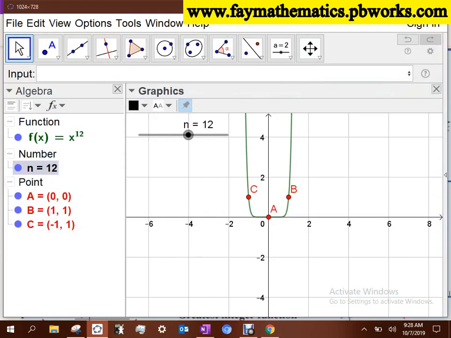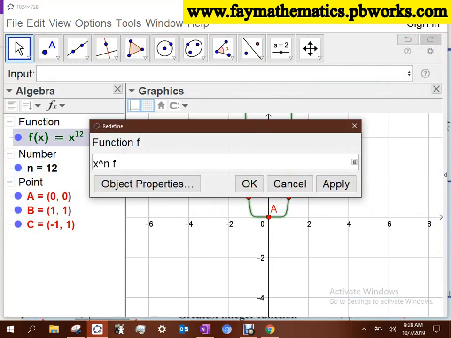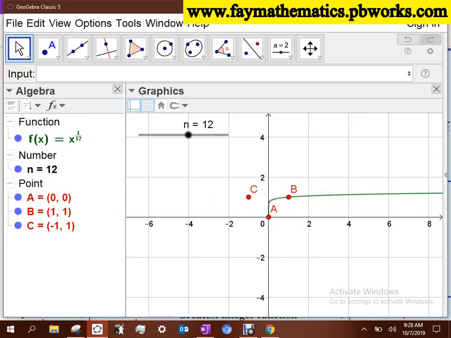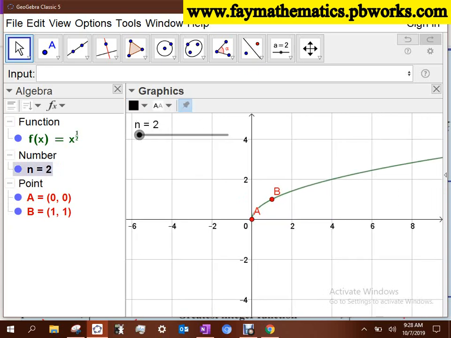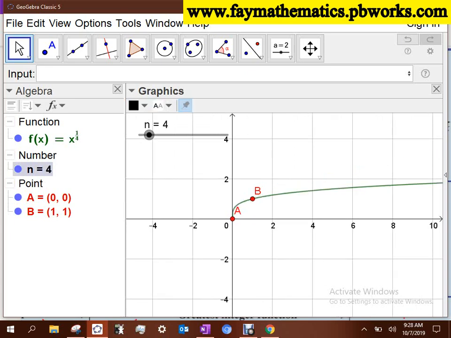Okay, so instead of writing this as x to the n, let's write it as x to the 1/n, and that gives me the even roots, but are they all very similar? Do they all have 0, 0, and 1, 1 on them? Does that make sense to everybody? So all your even roots look very similar.